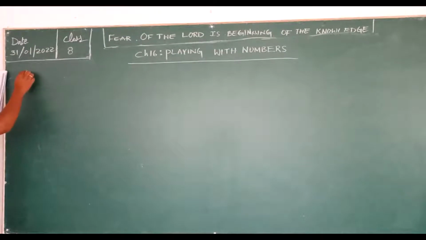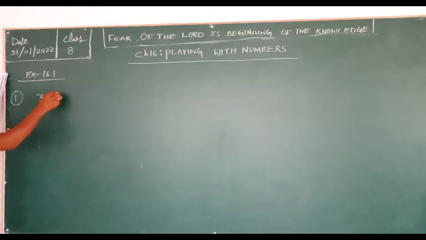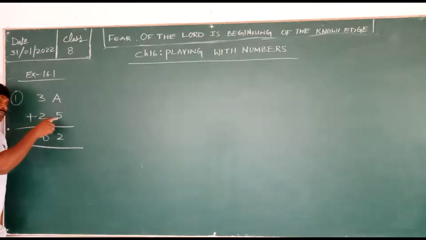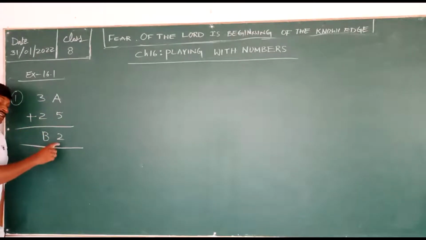So here it is exercise number 16.1. I'm going to write the first one. 3A plus 25, equals B2. Now tell me, for 5, which number do I need to add to get 2?